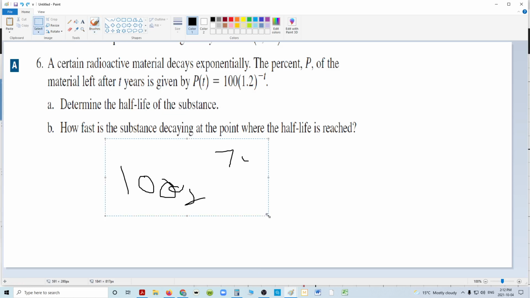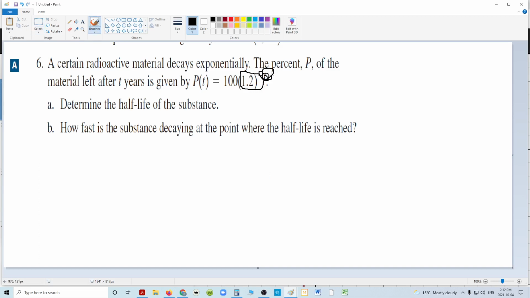The initial amount of the substance is when t is 0. When t is 0 here, 1.2 to the 0 becomes 1. And 1 times that is 100, which means there's 100 grams or whatever it is of radioactive material at time 0. I need to figure out when the percentage is going to be half of that, 50 grams or 50%.